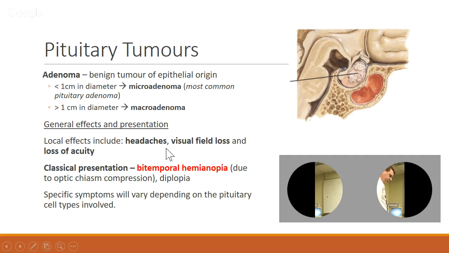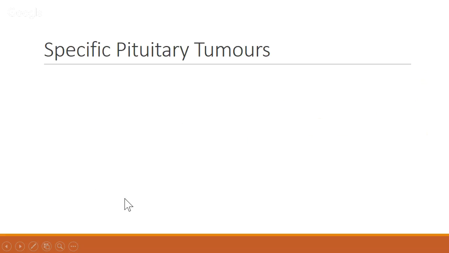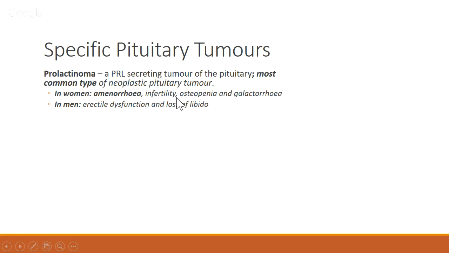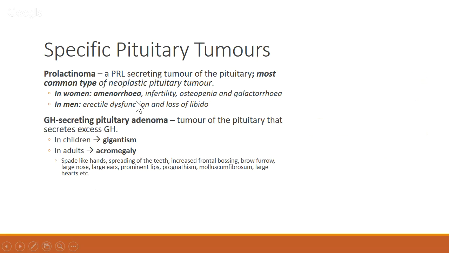In addition, pituitary tumors can secrete specific hormones. It can secrete prolactin, and prolactin is the most common type of hormone secreting tumor in the pituitary, and you will get amenorrhea in women. You can secrete growth hormone, and that will cause gigantism in children and acromegaly in adults.